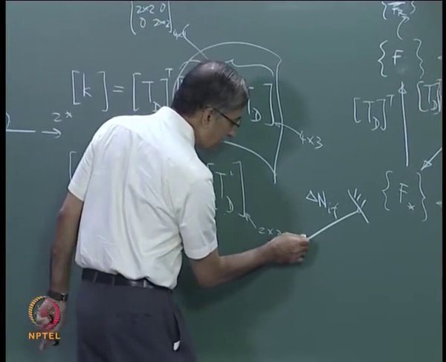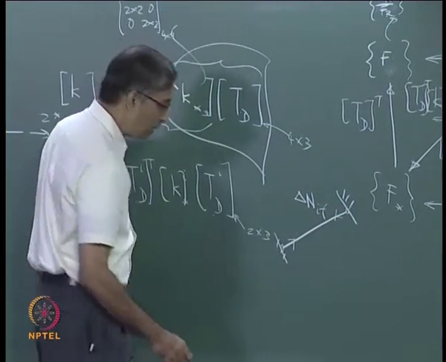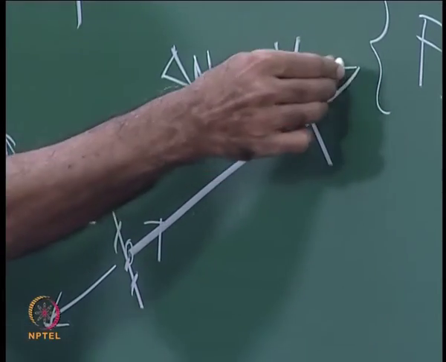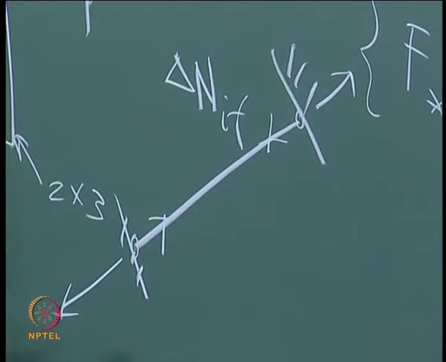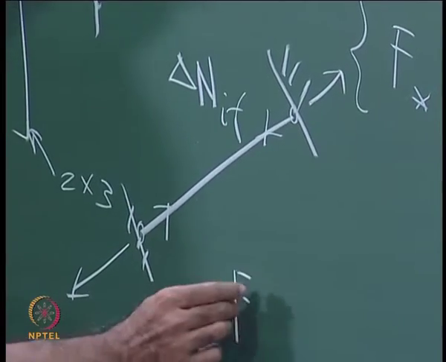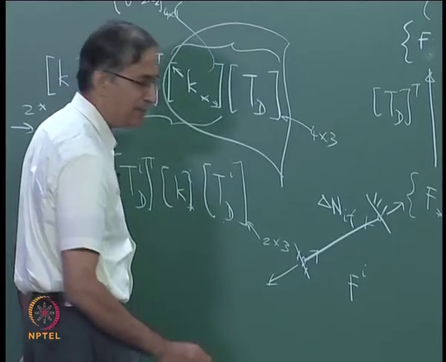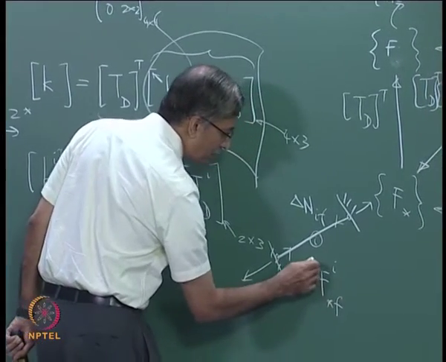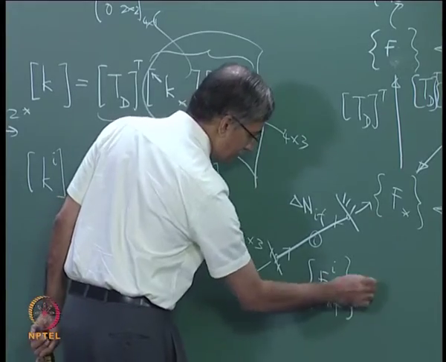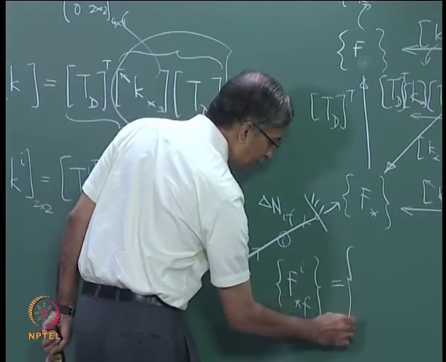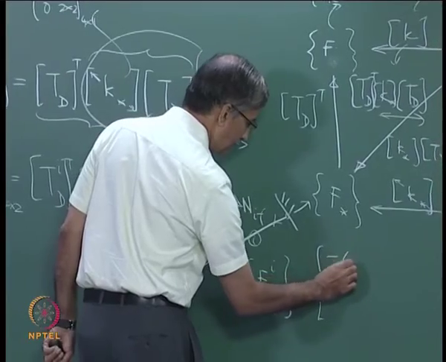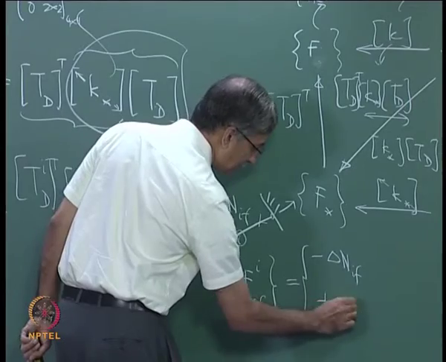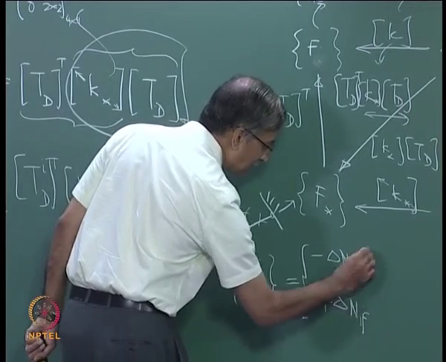So if I can show the tension like that, which means it must be equilibrated by a force like this and a force like that. So my fixed end force vector F for the ith element, star F, what will it look like? It will look like minus delta n_IF plus delta n, absolutely right. So this is my first principle.